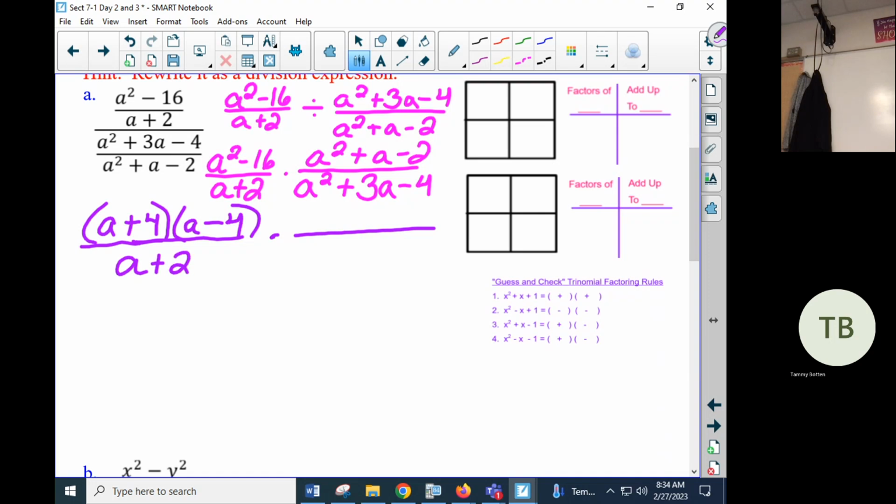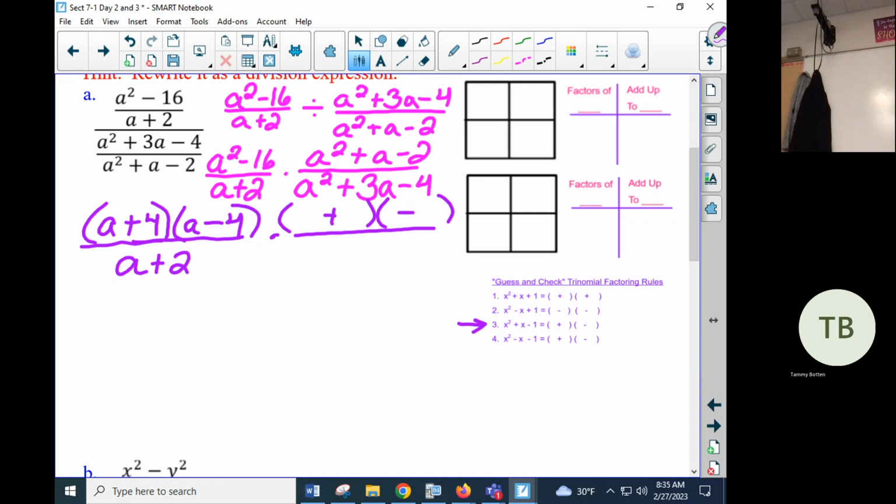Then I come up here and I have a trinomial. So I'm going to do my 2 parentheses. Notice it's a plus and a minus. So it's a plus and a minus, which would give me a plus and a minus. So that's this rule right here.